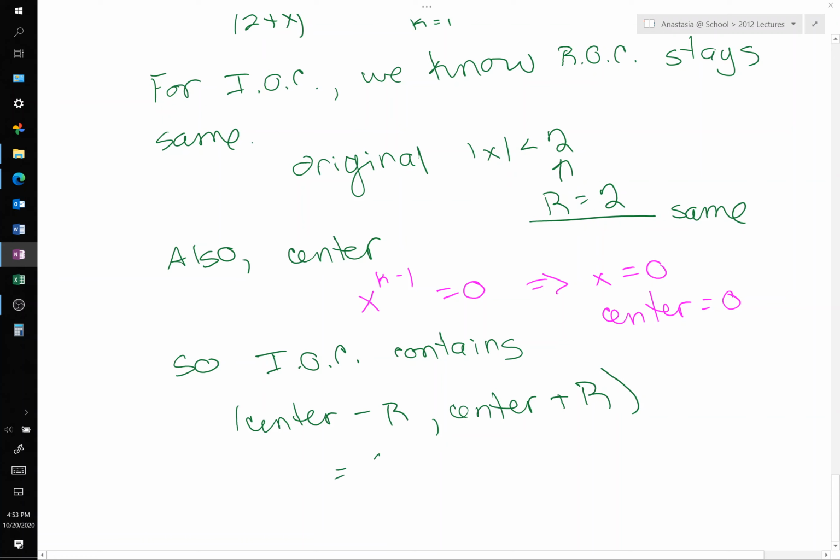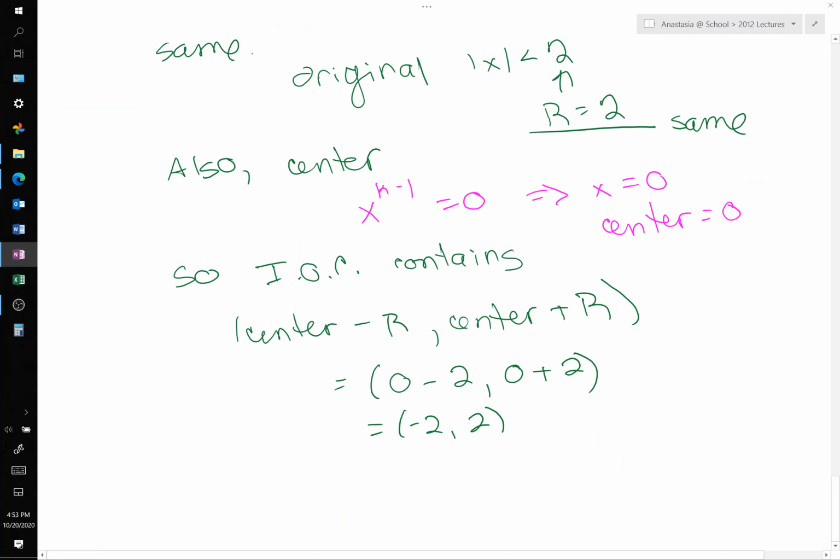So that is equal to 0 minus 2, 0 plus 2, which is the interval from negative 2 to 2. So this is most of the interval, but it's not all of the interval because we need to check the endpoints. Remember, the theorem in this section involving differentiation and integration only guarantees that we have the same radius. It doesn't say anything about the endpoints. So we do need to check those individually.